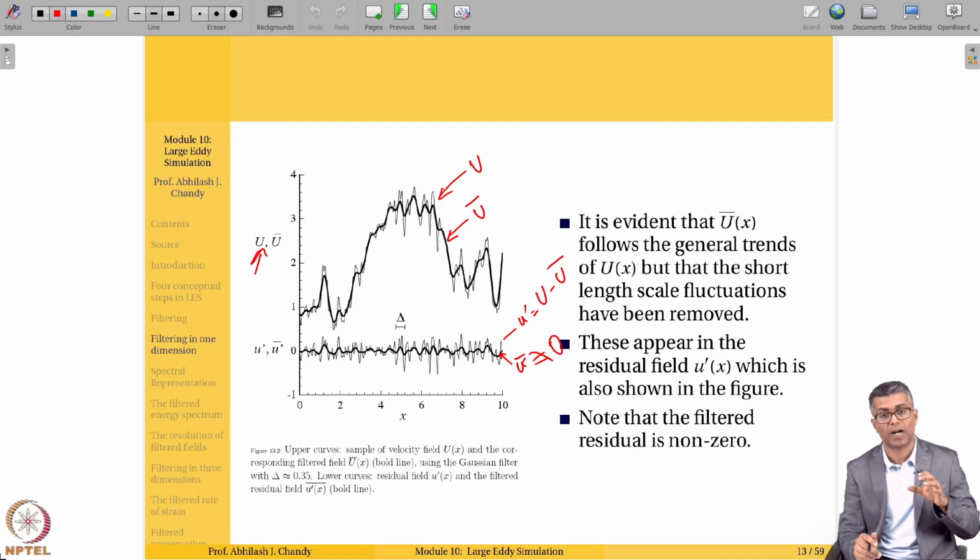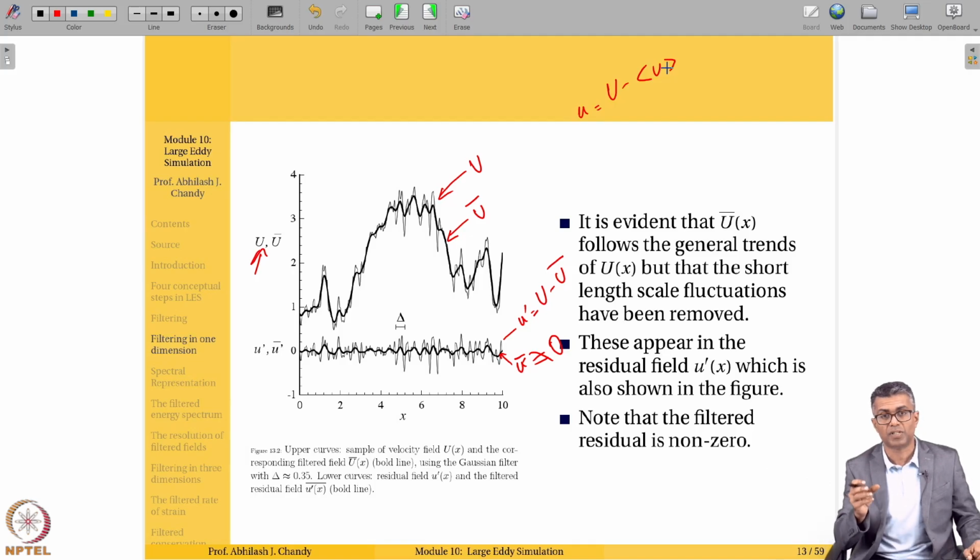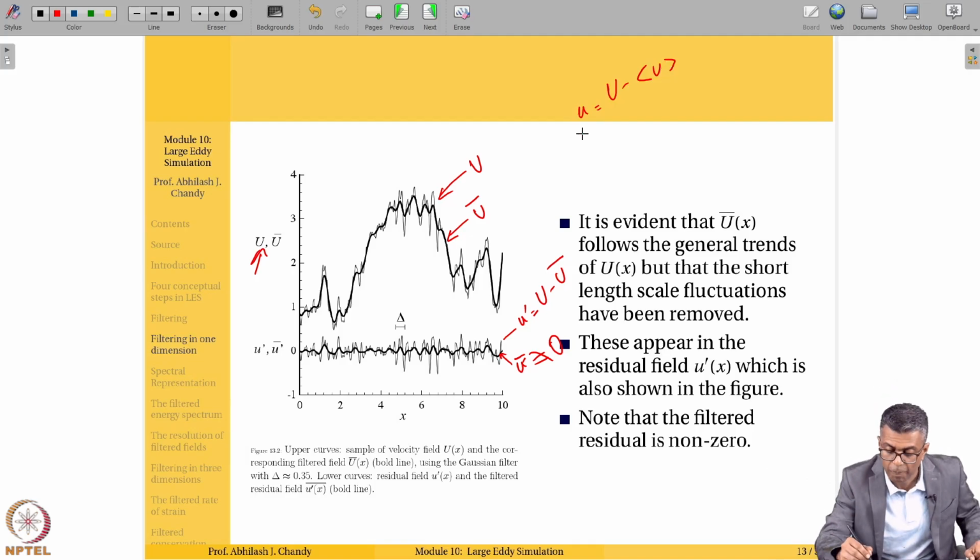It is not zero. So unlike what you had in the Reynolds decomposition, where you had U prime is equal to U minus U mean, isn't it? Here, the mean represents the time average. Now, if you apply a mean to both sides, you will get mean of U prime equal to U mean minus mean of U mean.